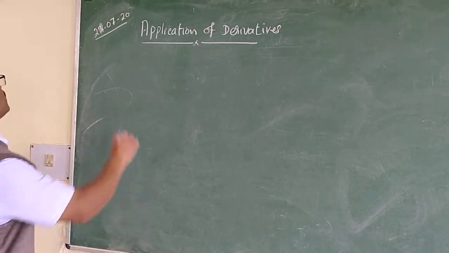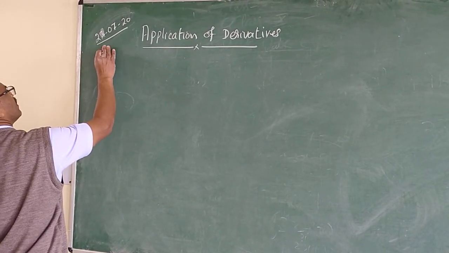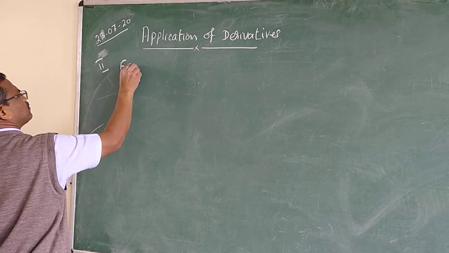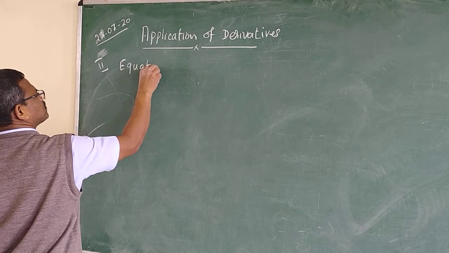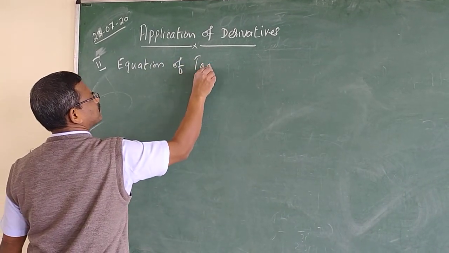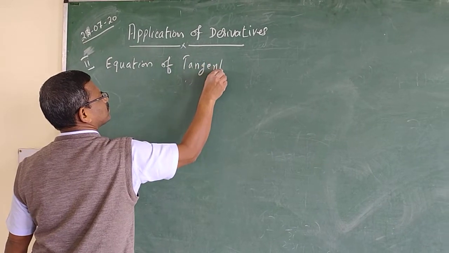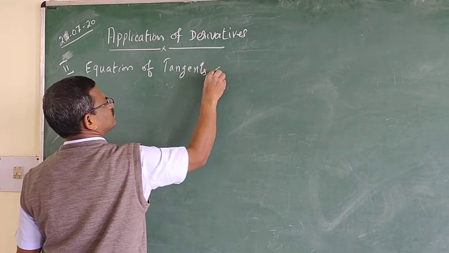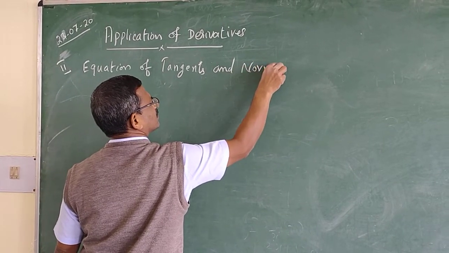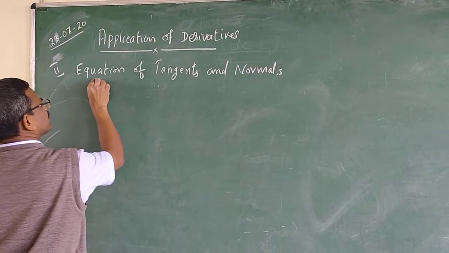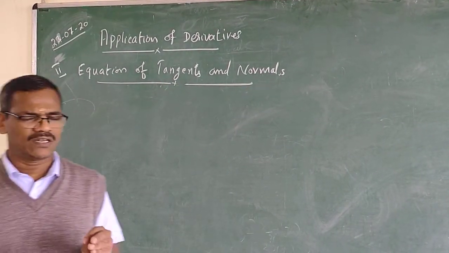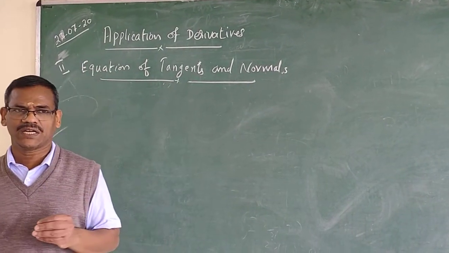Now the next one here is the equation of tangent and normal. For this you require a lot of the basic ideas which you studied in class 11.